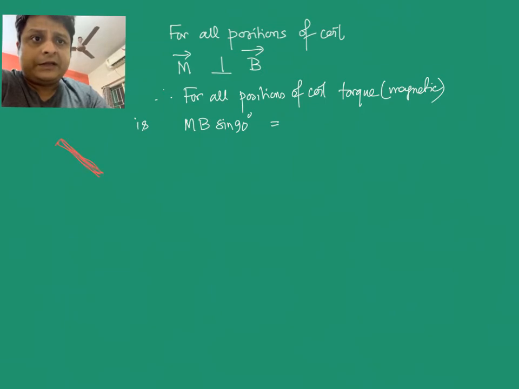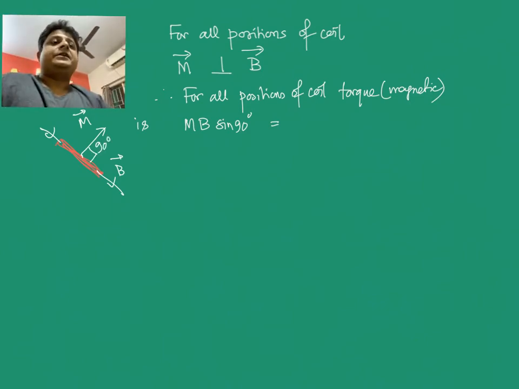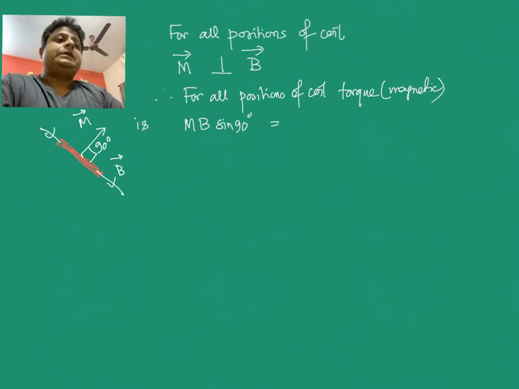This is the coil, again I am drawing, this is the magnetic moment vector of the coil, and this is the magnetic field vector. It happens to be 90 degrees for all positions. Wherever the coil rotates, it makes 90 degrees. So that means it is M into B.